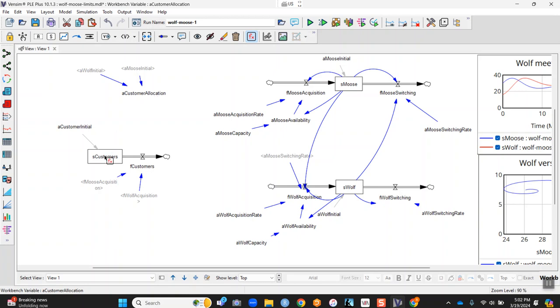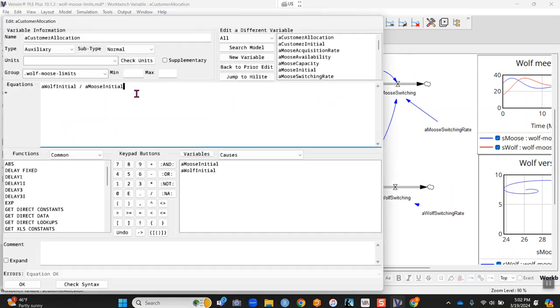And we want it times customers for moose times customers for wolf. That's how we want to do this because this is the capacity over here, the total capacity available. I don't know if we got this right yet, but it would seem that a better way of doing this is doing the wolf over or the moose over.